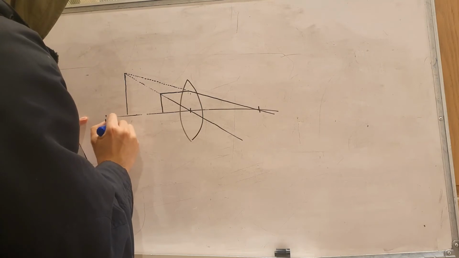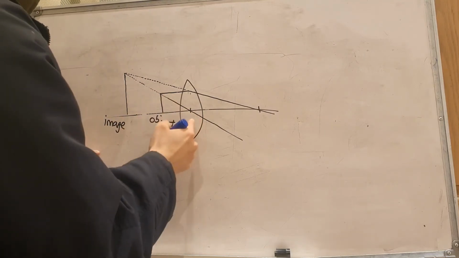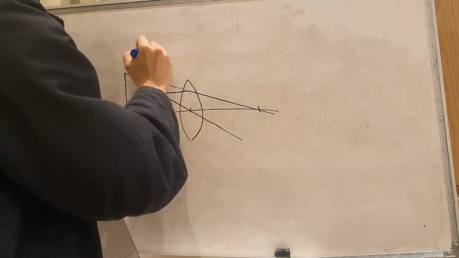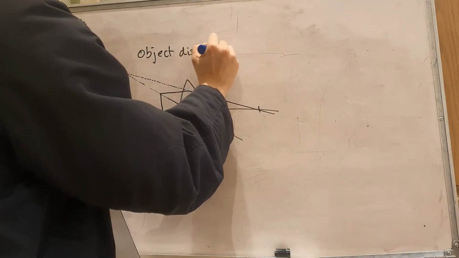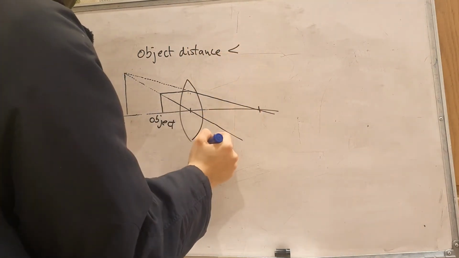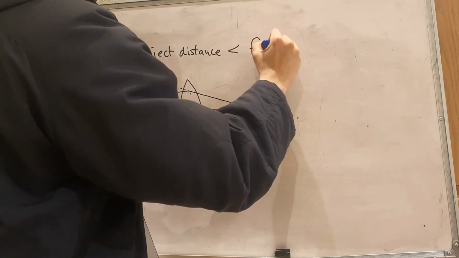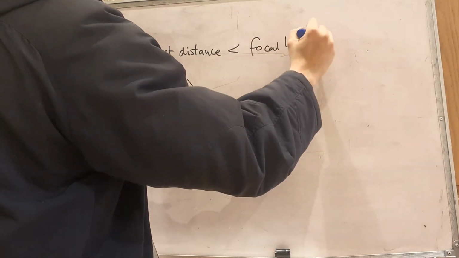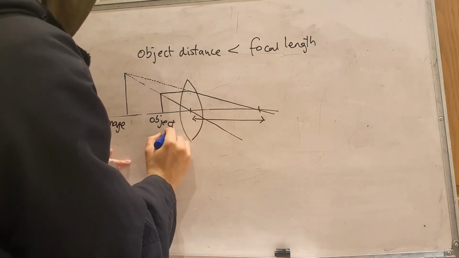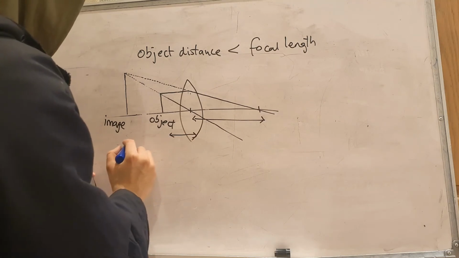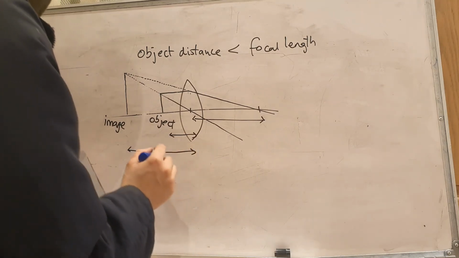This is the image and this is the object. So this is what happens if the object distance is less than the focal length, where the focal length is from there to there. Now what is the image distance? The image distance will be from there to there.